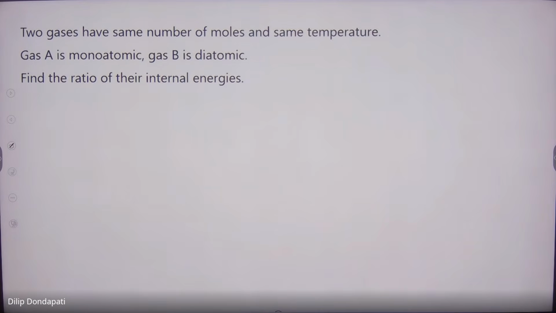Next: two gases have the same number of moles and the same temperature. Gas A is monatomic, gas B is diatomic. Find the ratio of the internal energy.